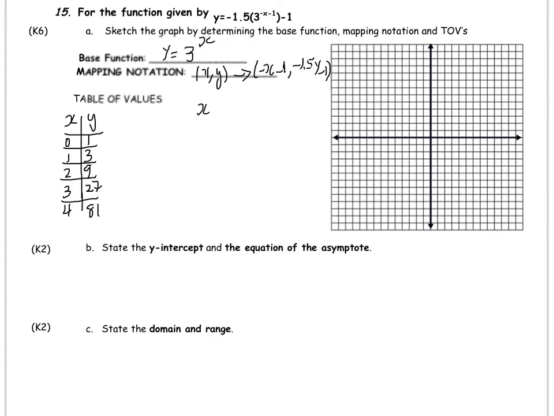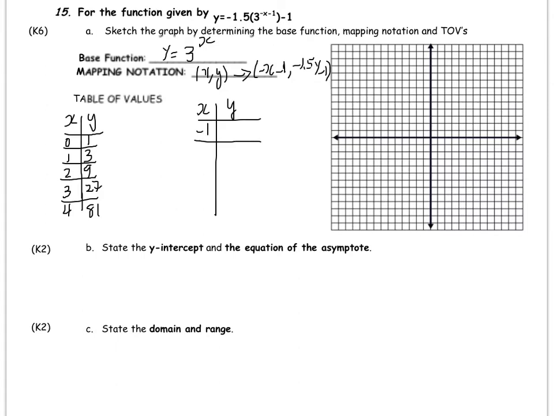For the transformed function, I'm going to do exactly the same, but this time I'm going to apply the mapping notation on the base function's table of values. The base function table of values is on the left. When x is 0, we apply the mapping notation negative x minus 1, so negative 0 minus 1 gives me negative 1.